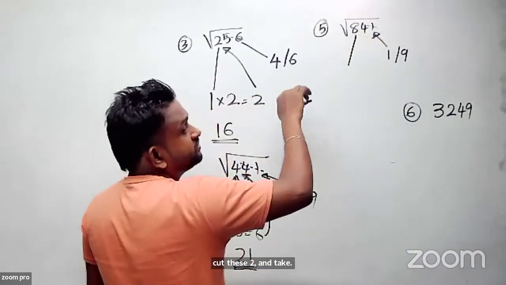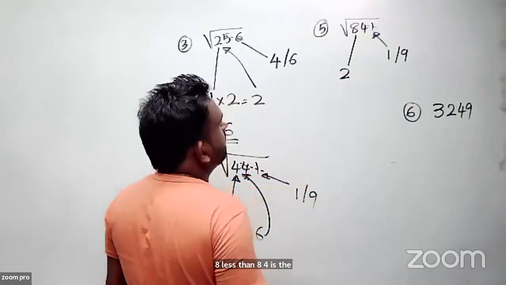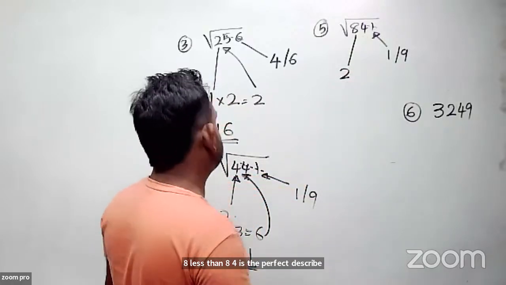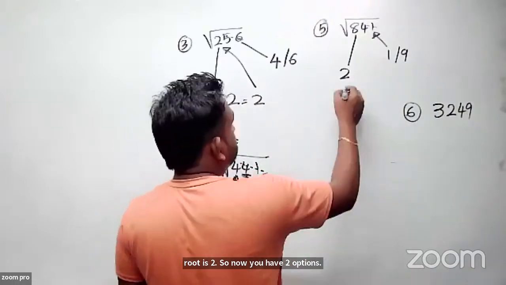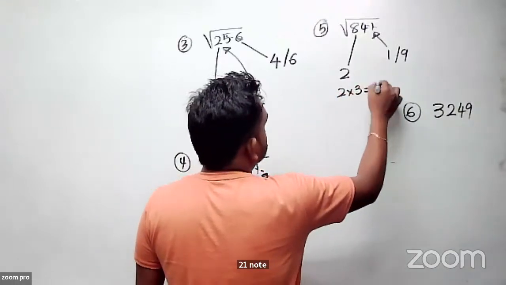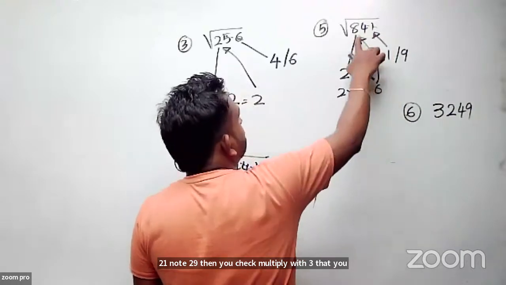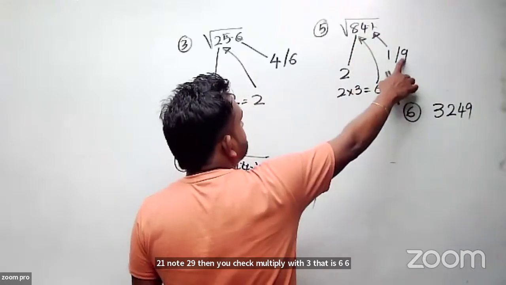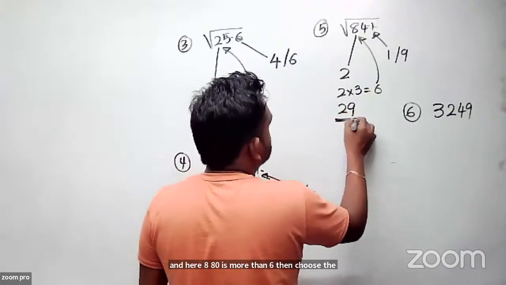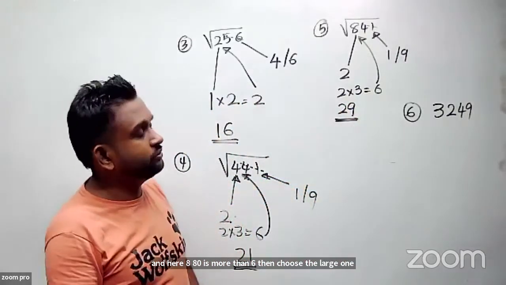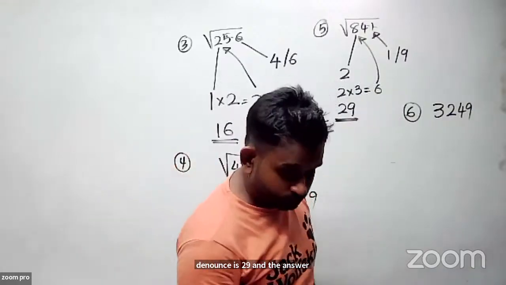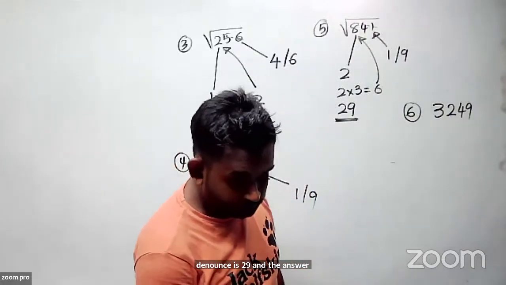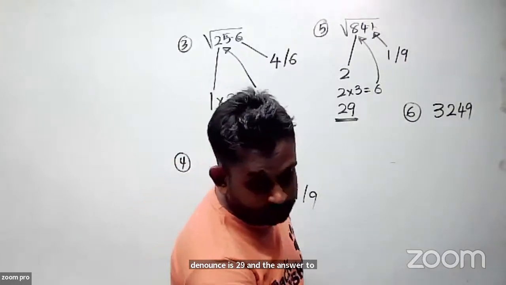The perfect square below 8 is 4, and 4's square root is 2. So now you have two options, 21 or 29. Then you check 2 multiplied by 3, that is 6. Here 8 is more than 6, so choose the larger one. Then the answer is 29. Hands up those who got the answer, 29.